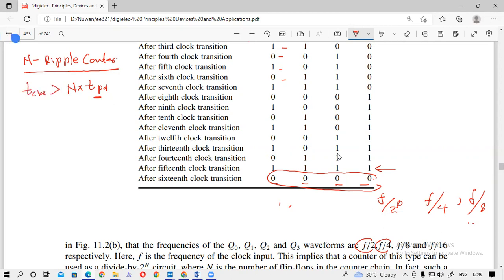What happens if I take 1 over both sides, 1 over T clock? The inequality flips the other way around, so it will be less than or equal: 1 over N TPD. What is this value, 1 over the clock period? Can anyone tell what that term is?